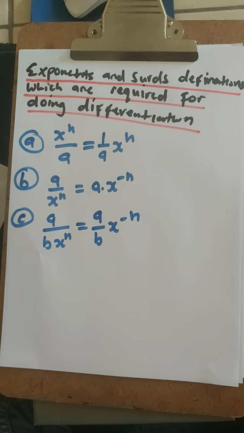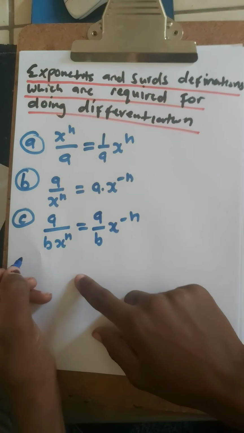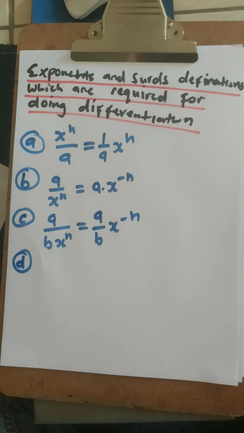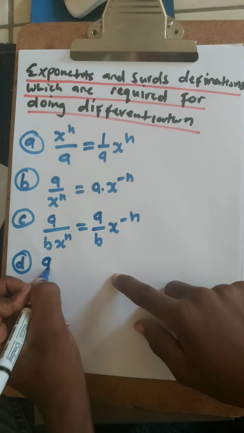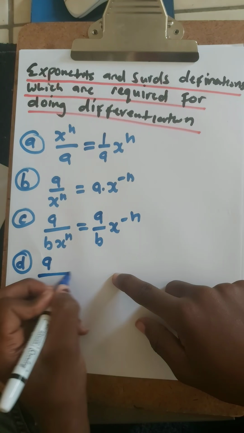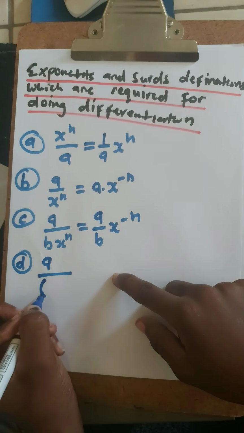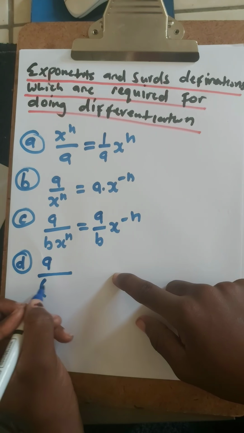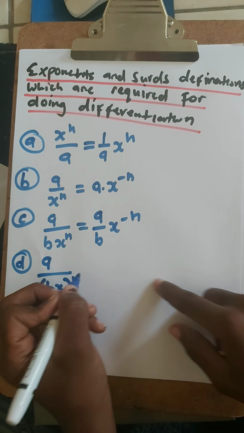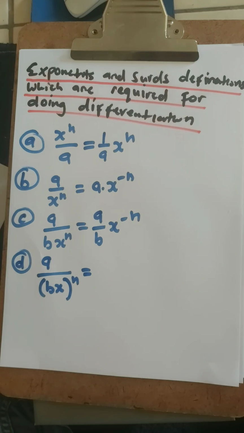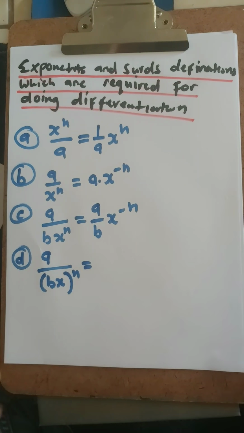Then d, what do we have? More d, we have a over b x to the exponent n. You can even pause the video and check how you can do it while taking notes.